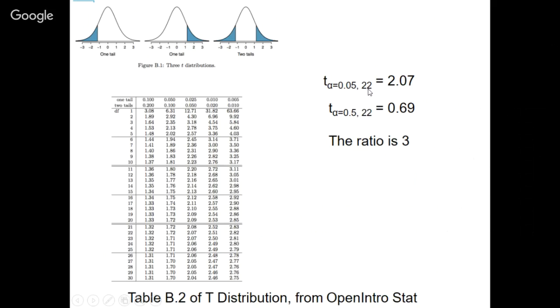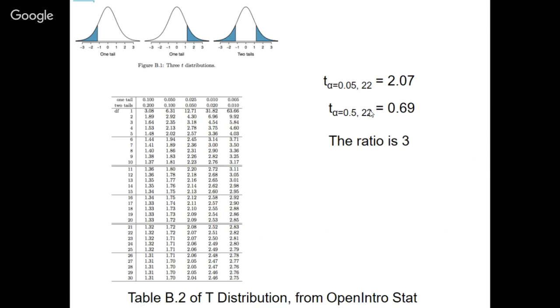And I did another little look up here just to show. For now, this is a 50% confidence interval. We don't even have that in the table, but I calculated it. The ratio of those two is 3, which gets at one of the key things that I was trying to drive home last time: in order to have greater confidence, like a 95% confidence interval instead of a 50% confidence interval, your interval has to be wider.